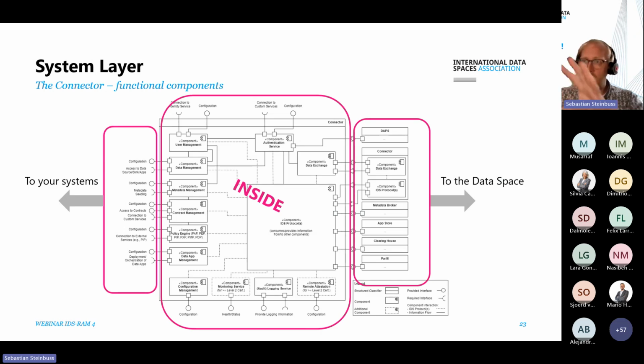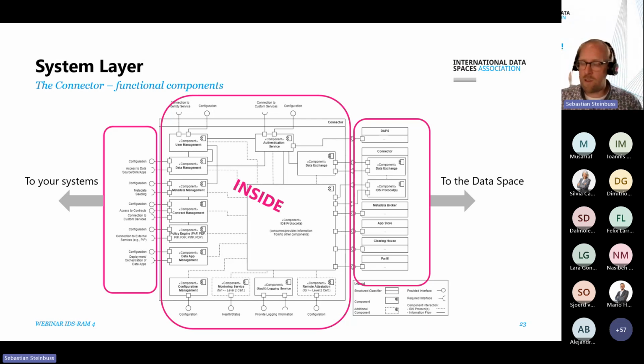And so then we describe an overview of this connector approach. Of course, you will have some APIs towards the data space, and this is covered more or less in the data space protocol. That's the right part with the lollipops. You want to connect it to your internal system, so to your database, to your administration interfaces and so on. That is the left part. And inside, you should think about a couple of things.